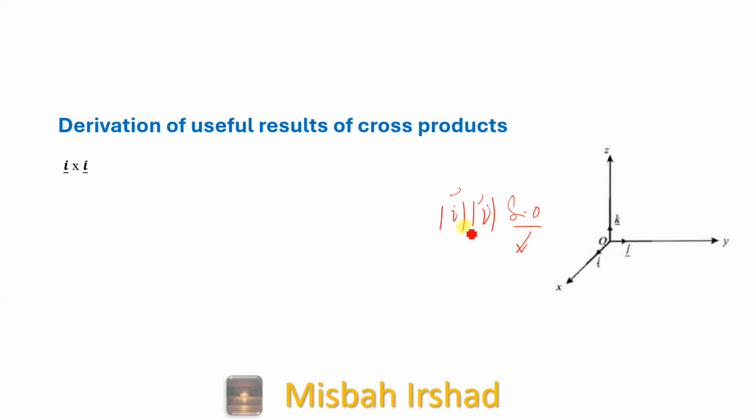Since sine 0 is 0, this becomes 0. i cross i is 0. Similarly, j cross j is 0. These are parallel vectors with theta equal to 0. k cross k is also 0. In short, u cross u is 0.